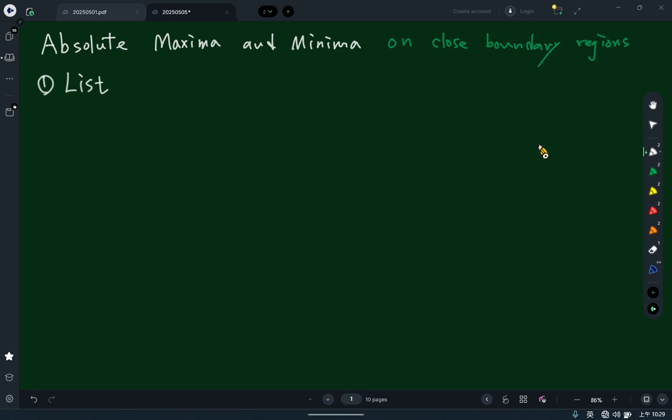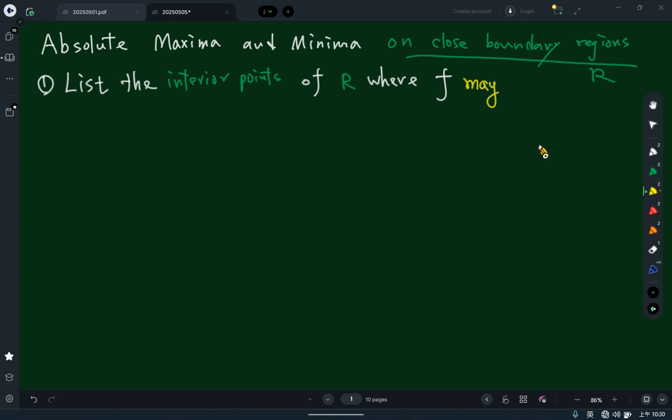So the first thing we need to do is please just list all interior points of R. R means the region, okay, where f may have a local maxima or minima value.